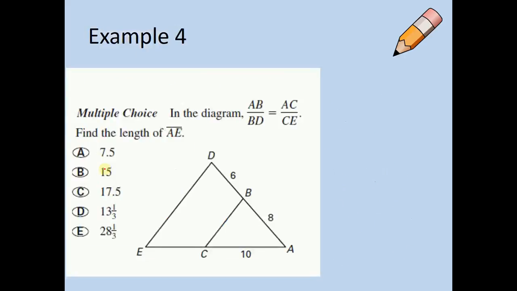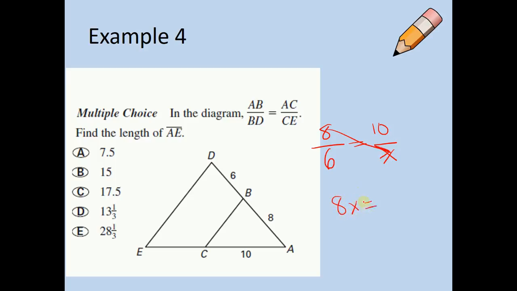Some of you are juniors and some of you are going to be taking your Aspire test again. So let's see if we can figure out this multiple choice, something that you might see on your Aspire test. So A to B is 8, B to D is 6, A to C is 10, and C to E, we don't know that, so let's put an x there. So let's cross multiply.